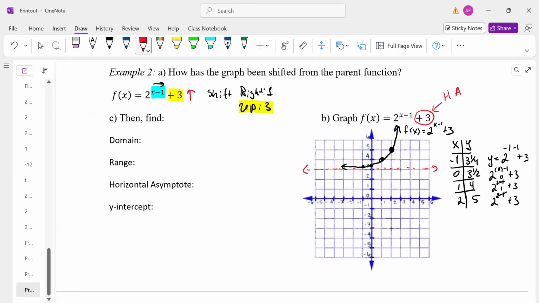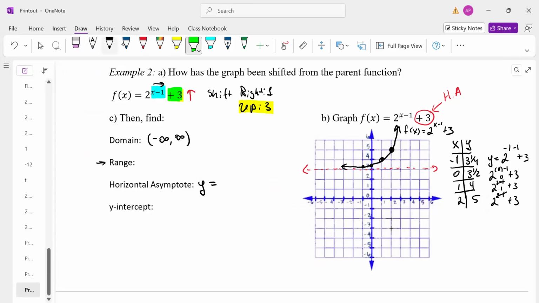Okay, so therefore, our domain, the exponential functions, really, it's the easiest question. They always have the domain of negative infinity to infinity. You can always substitute any number for x, negative, positive, zeros. But the horizontal asymptote is always going to be y equals whatever the vertical shift is.